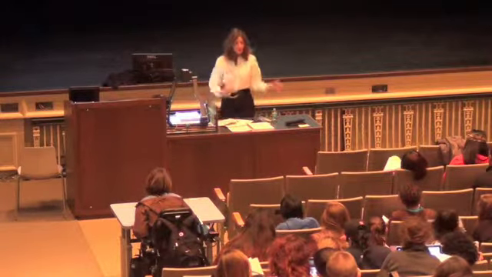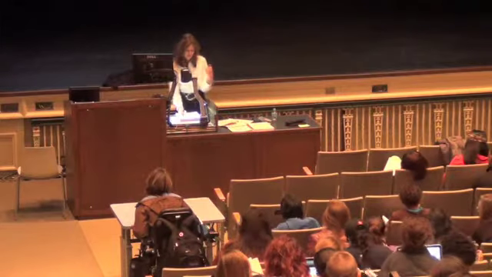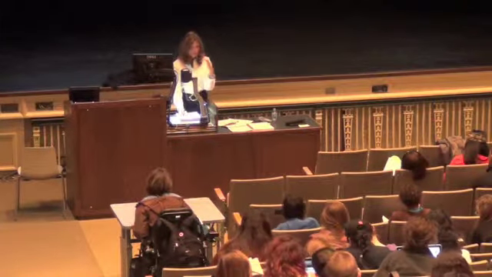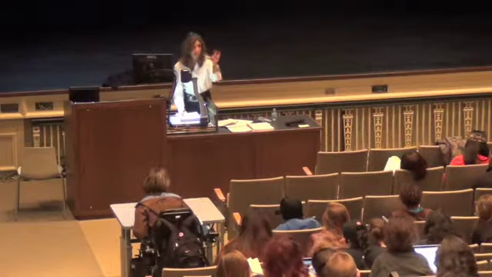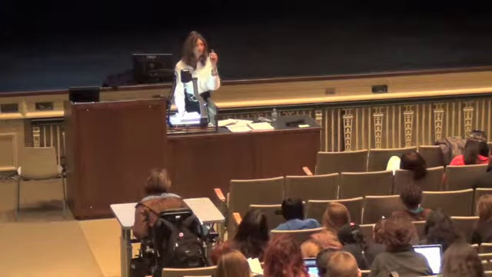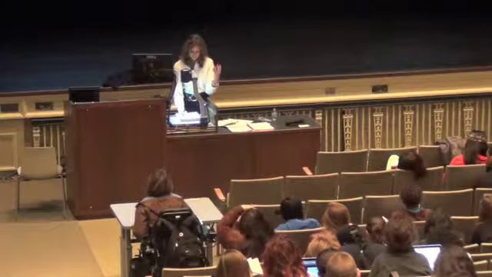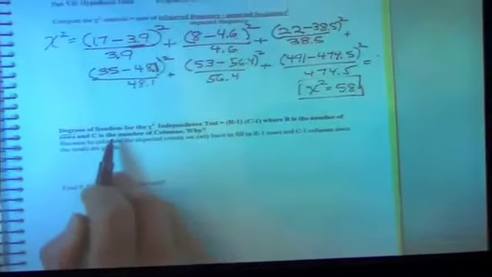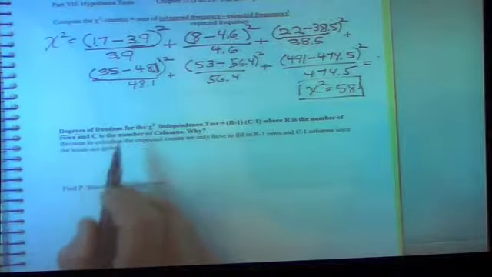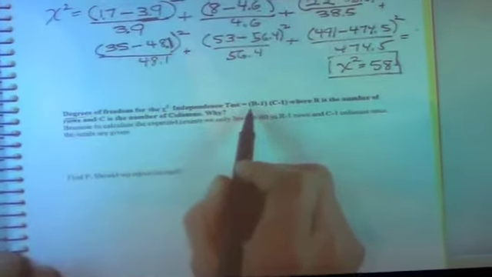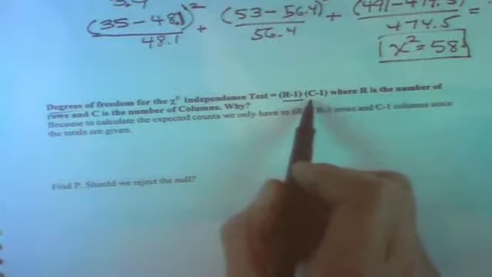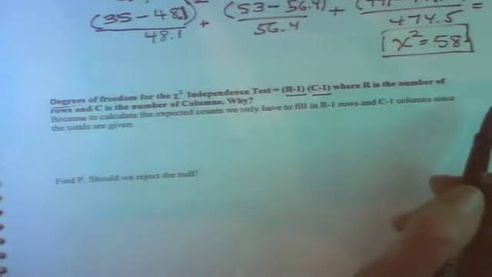All right. Now, this is our statistic. It's not like a z where we'll know right away by looking at that normal curve. We have to figure out the degrees of freedom. So how do we figure that out? Well, the degrees of freedom for a chi-square test is the number of rows minus 1 times the number of columns minus 1.